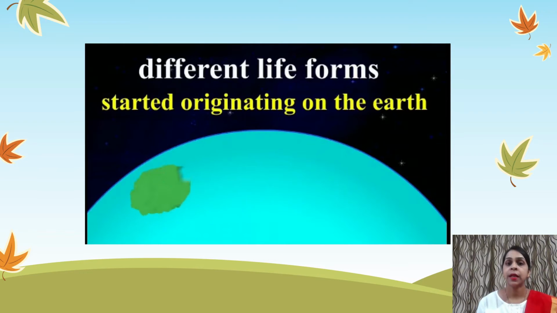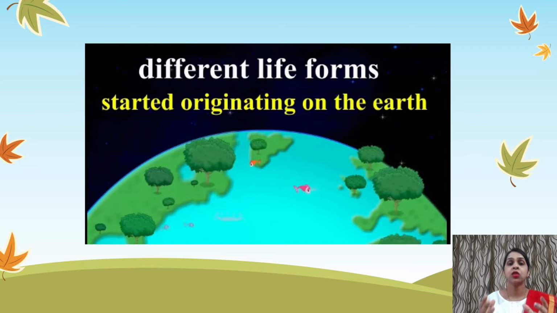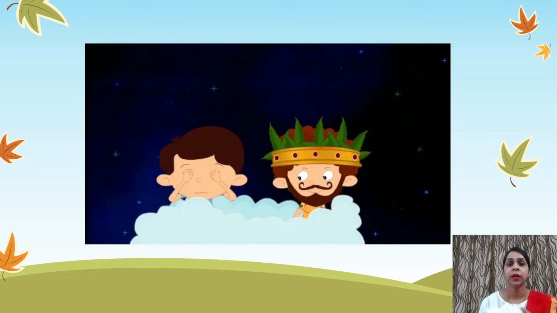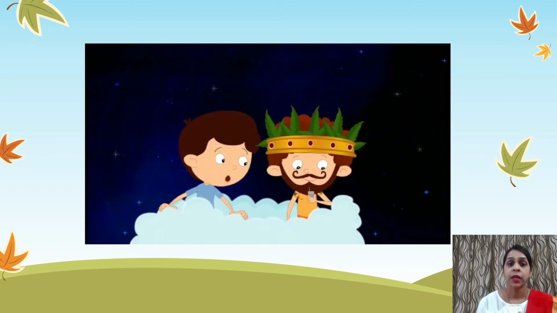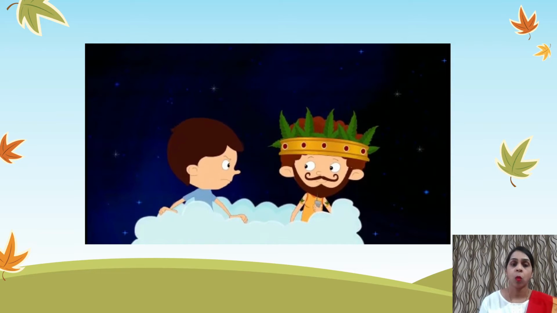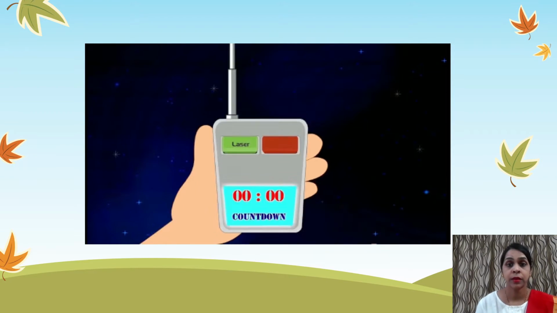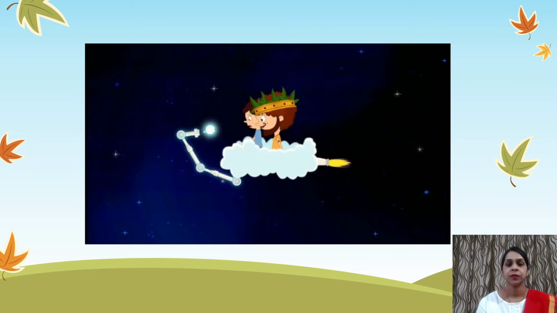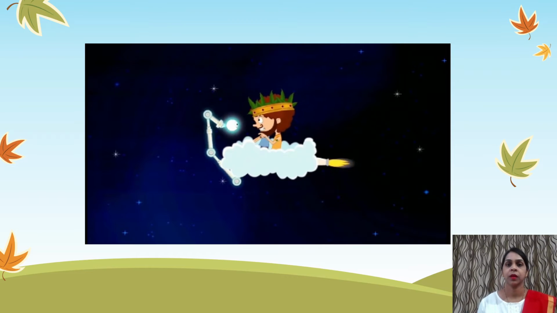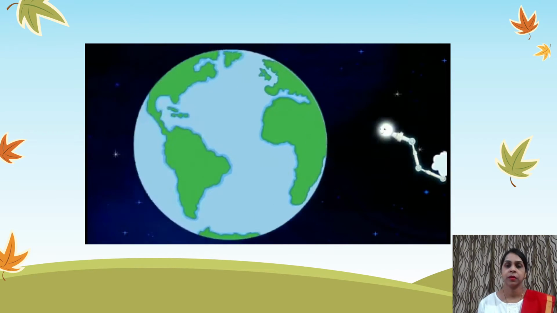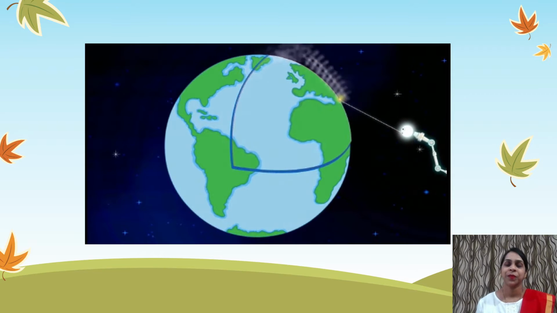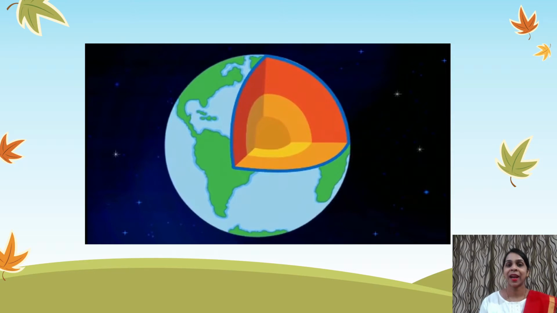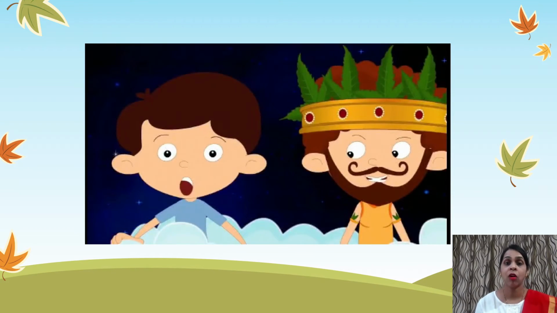Slowly and steadily the water started to increase on the earth, and on different landforms life started to organize as a pyramid of organisms. Now let's see what is inside the earth. You can relate the earth's inside to be like the interior of a fruit.